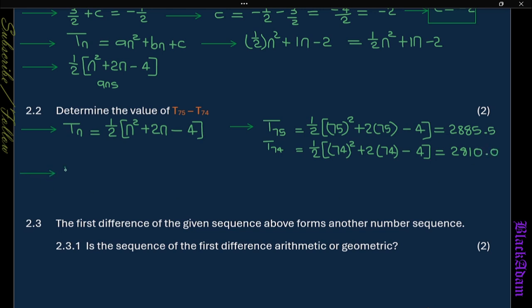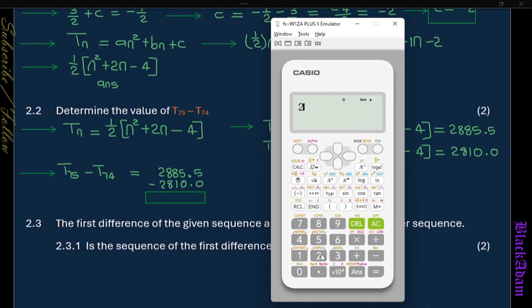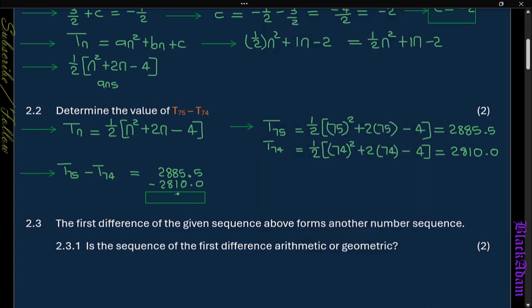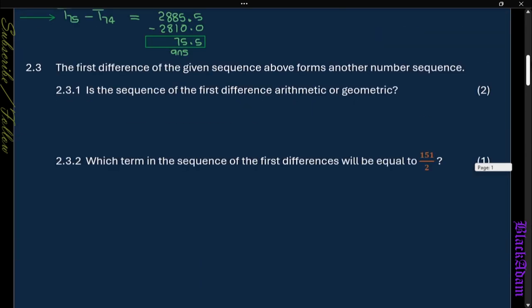And then from there we have T75 minus T74. So that's 2885.5 minus 2810, we're going to use a calculator there, which gives us 75.5. That's our answer for 2.2.